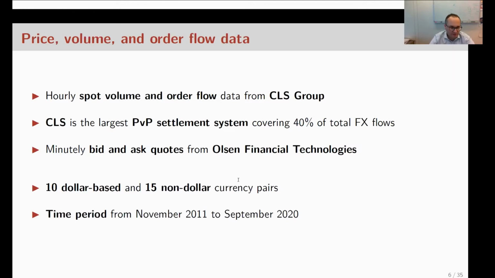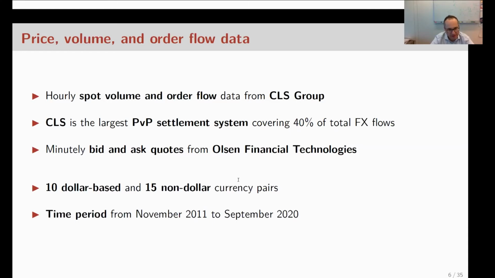Our time period runs from November 2011 to September 2020. And so we're capturing a good chunk of the period where the main re-regulation of the banking system happened. Essentially, we're capturing the new normal of liquidity conditions in markets post-GFC.